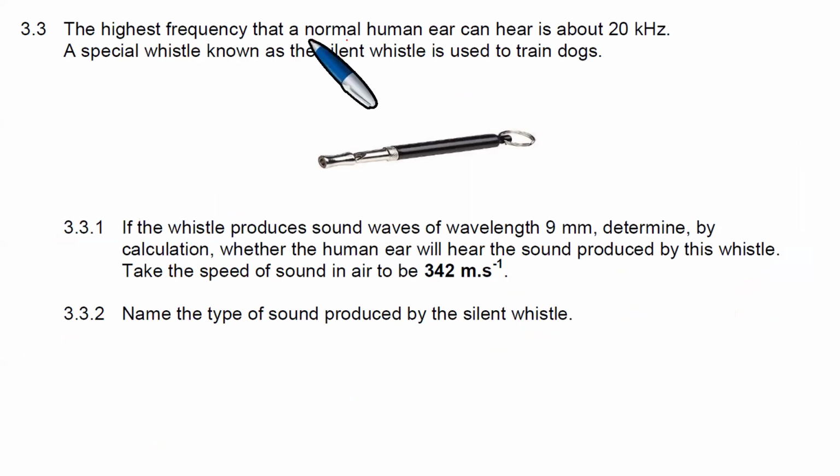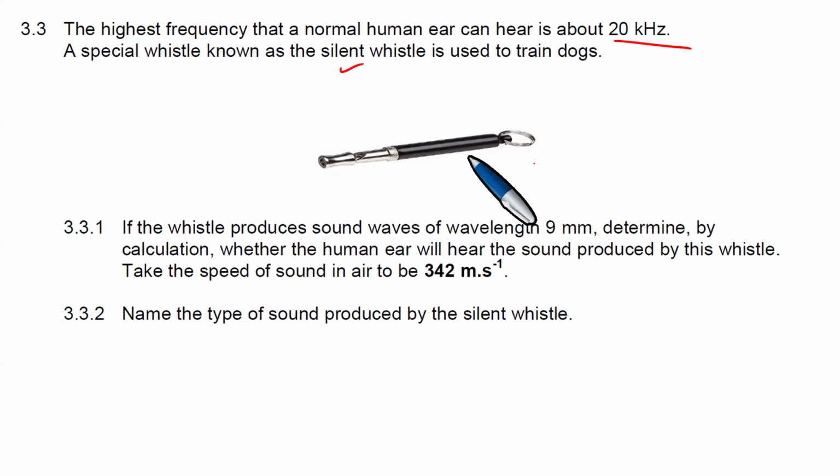The highest frequency that a normal human ear can hear is about 20 kilohertz. A special whistle known as the silent whistle is used to train dogs.